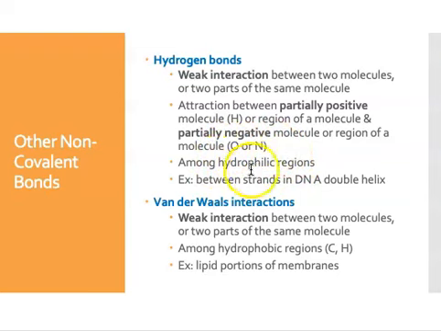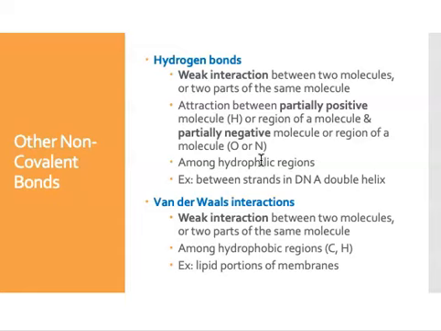If you translate this word, hydrophilic means water-loving. It turns out that polar things, things that have partial charges, are hydrophilic. They like to be in and around water molecules.